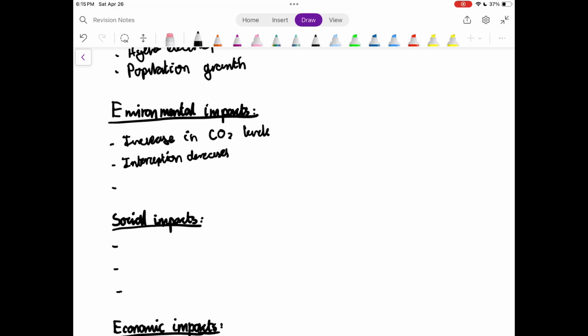The next is an increase in monoculture. And by this it decreases the biodiversity of tropical ecosystems. And those are the environmental impacts that you need to know.